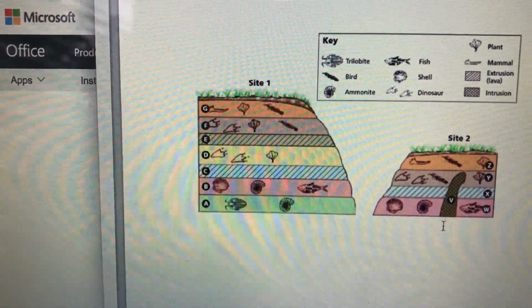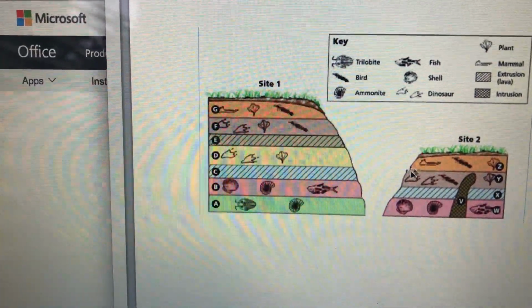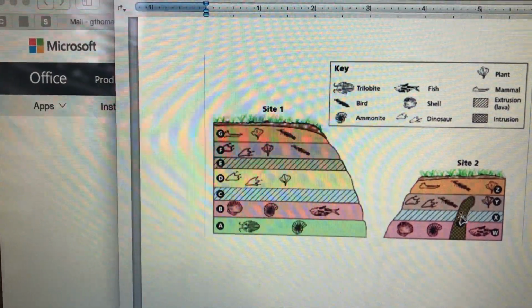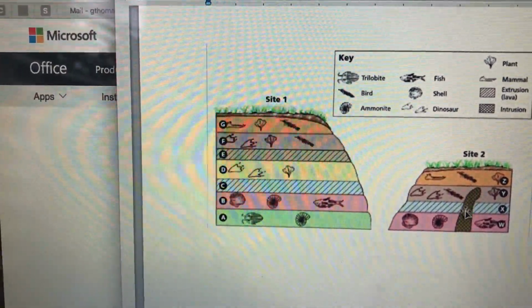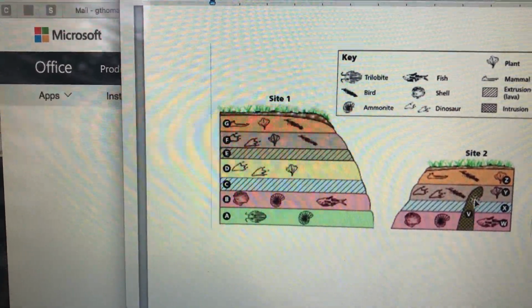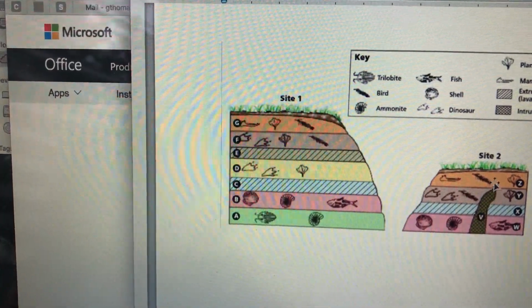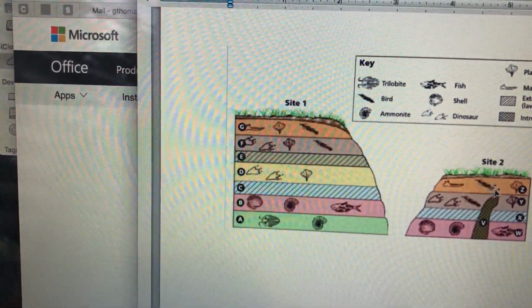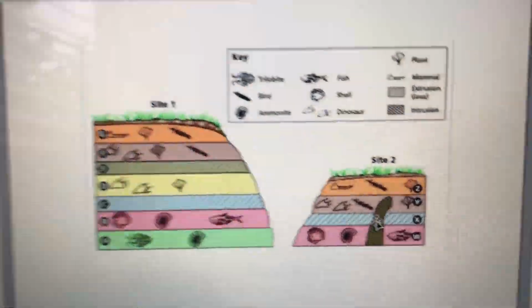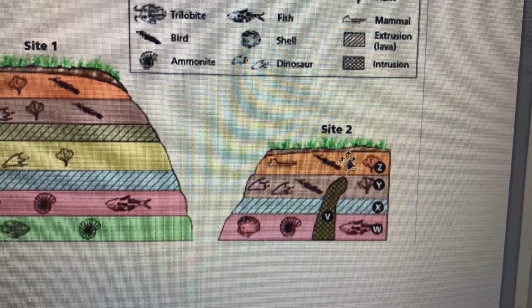And that's going to be the youngest layer of at least these three layers, because these three layers already existed before this thing poked its little finger up into there, meaning the underground flow of lava and a little volcanic fissure comes up. It doesn't come up all the way to this layer, so it's possible that it would have come up just to that point, and then this layer could have happened afterwards.